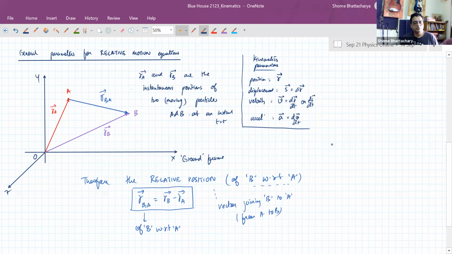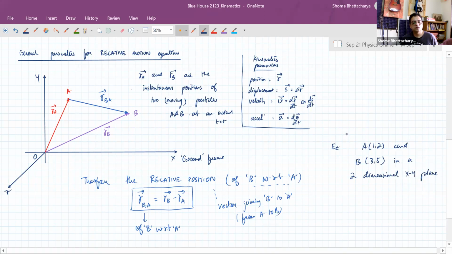So as a simple example, suppose A is located at the position 1, 2 and B is at the position 3, 5 in a two-dimensional XY plane. These are two particles.